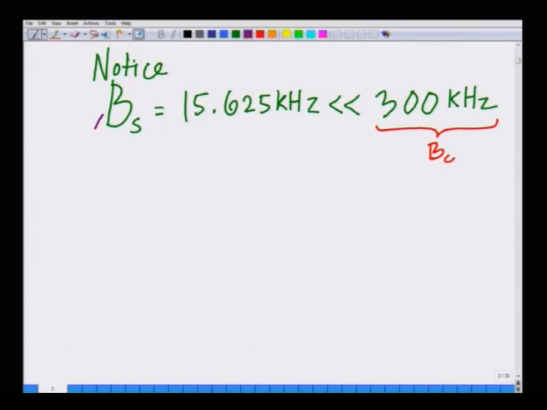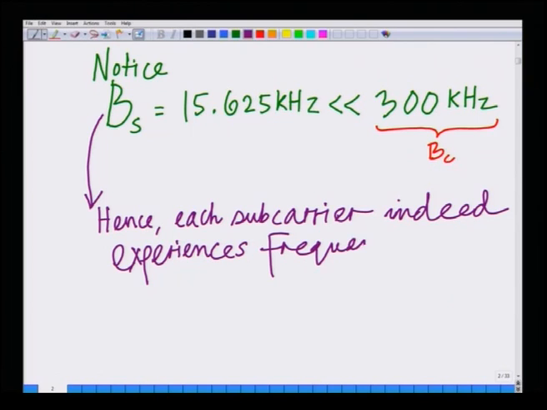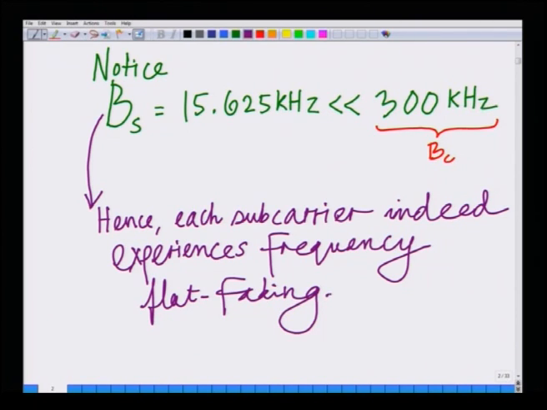Hence, we can safely say that in this fixed profile, each subcarrier indeed experiences frequency flat fading, because the bandwidth per subcarrier is much less than the coherence bandwidth.